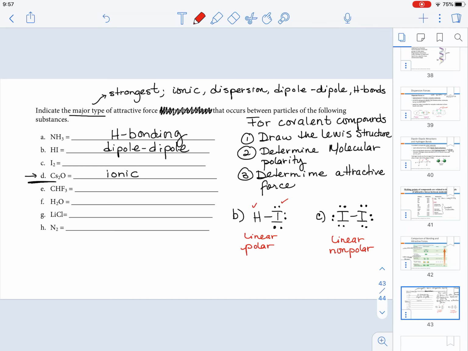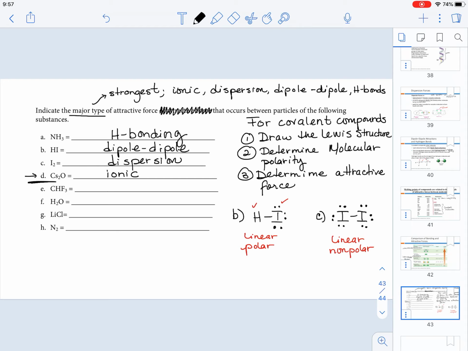Because the molecule is non-polar, that means the strongest attractive force that it can have is dispersion. Now, understand that there is a difference if I ask you what are all the forces present in the molecule versus what is the strongest. So in this question, we're determining the strongest.